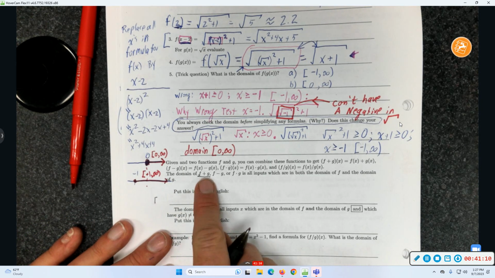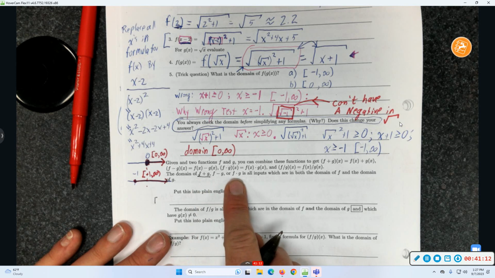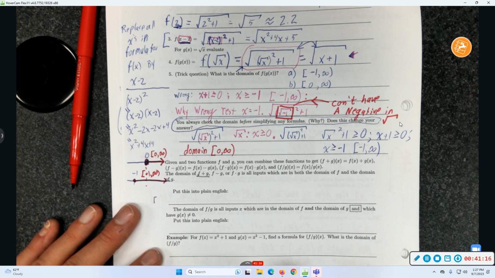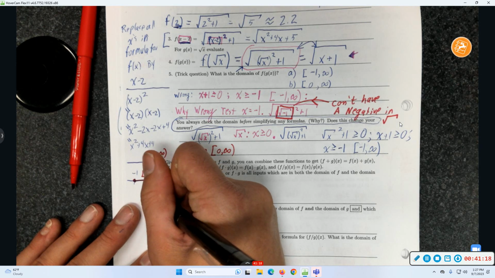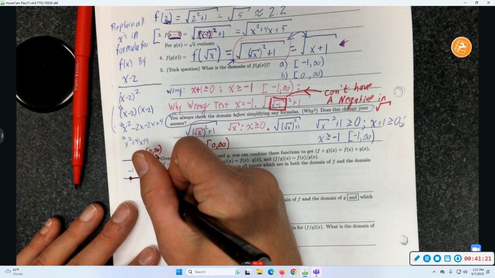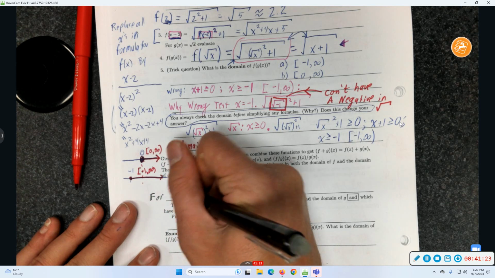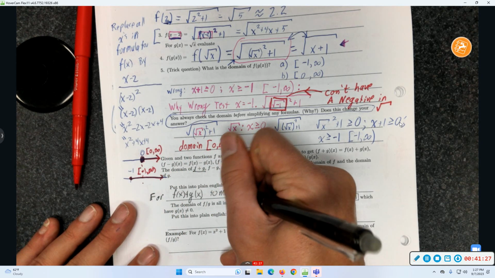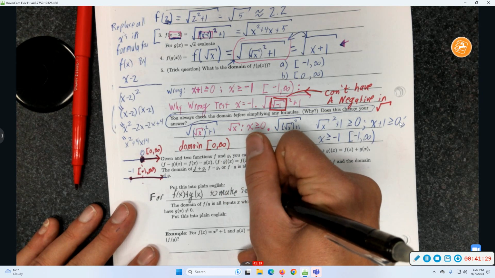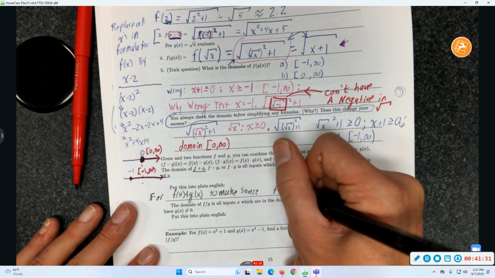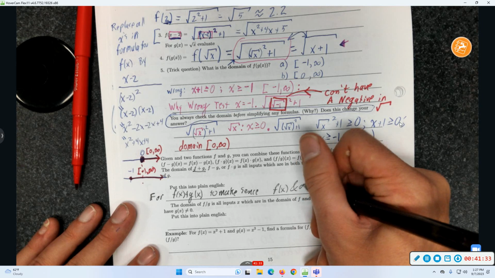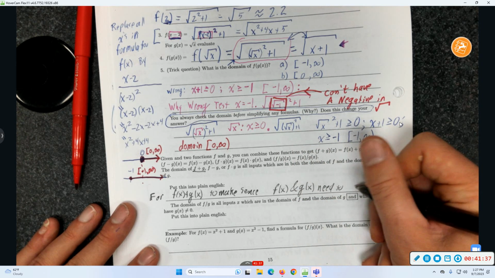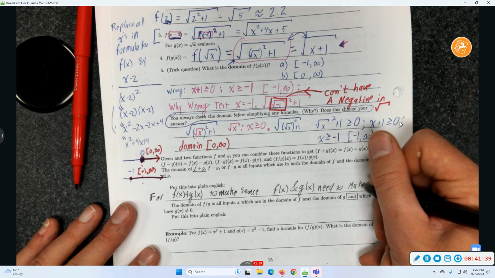So the domain of f plus g, or f minus g, or f times g, is all inputs which are in both the domain of f and the domain of g. The plain language reason is that for f of x plus g of x to make sense, f of x and g of x need to make sense.